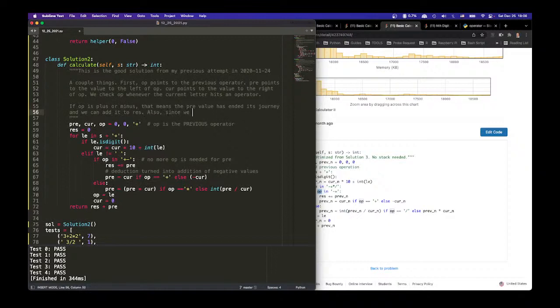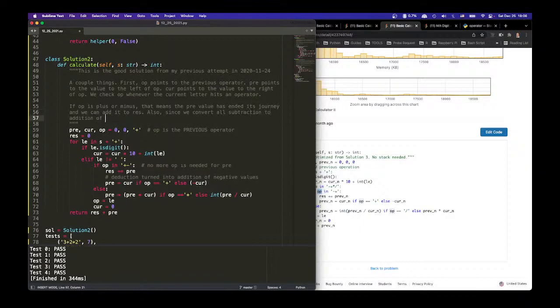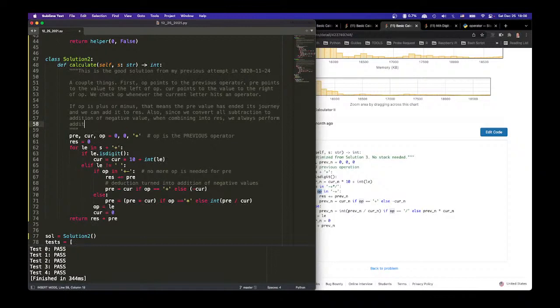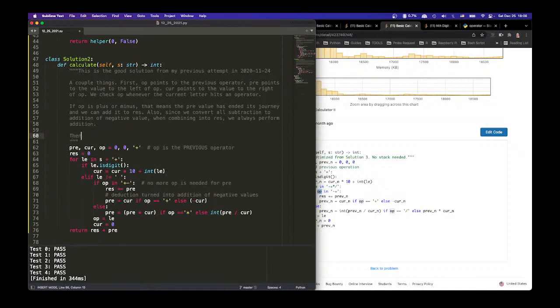Also, since we convert all minus operation, so subtraction, to addition of negative value when combining into result, we always perform addition. Now then, based on OP being positive or negative, we reassign pre based on current.